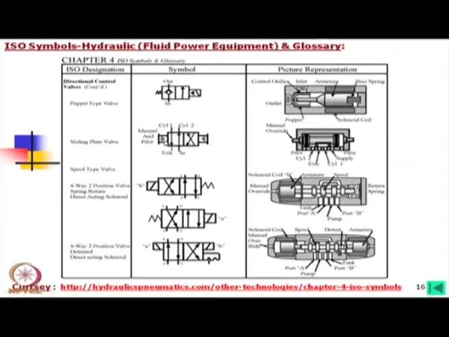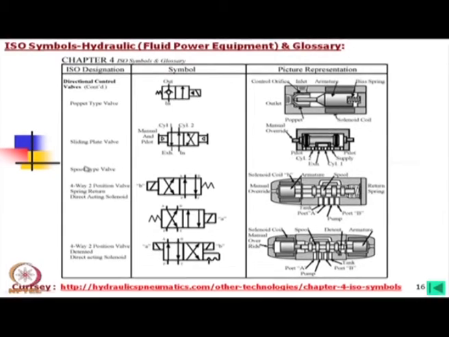However, perhaps this is for air, because the triangle is not filled. If the triangle is filled, then it is for oil. So, this has inlet, exhaust, cylinder 1 and so on given.